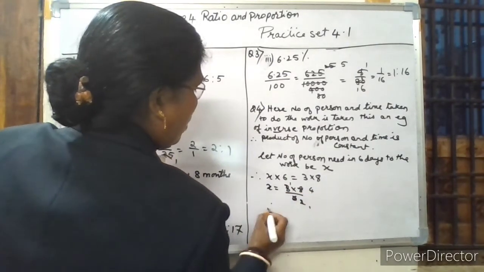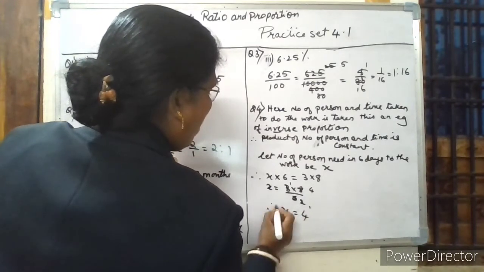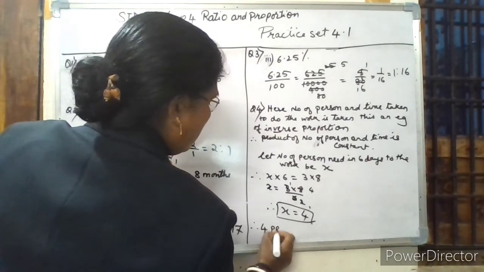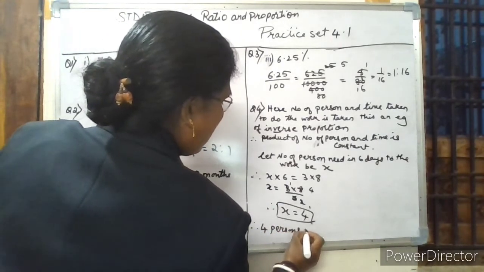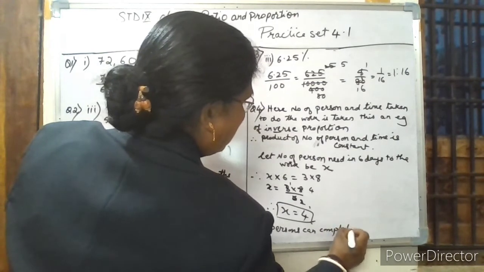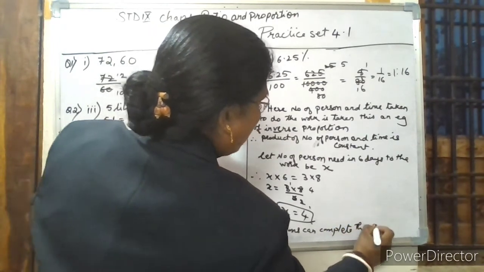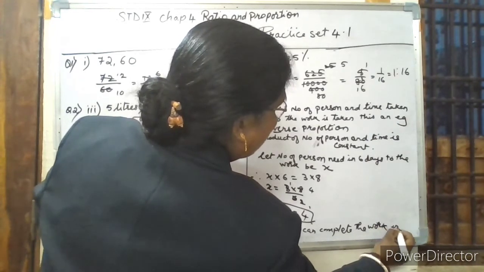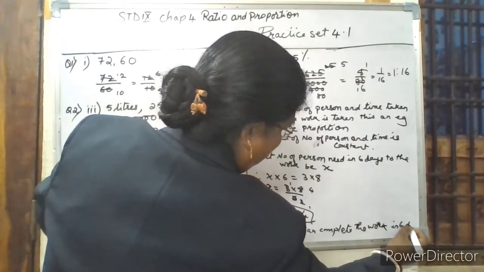Therefore X is equal to 4. Therefore 4 persons are needed. 4 persons can complete the work in 6 days.